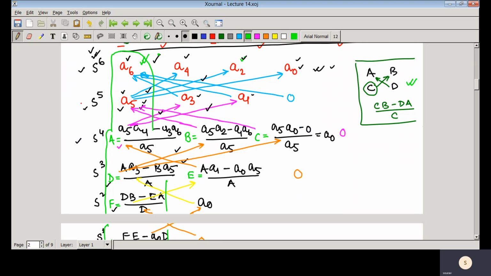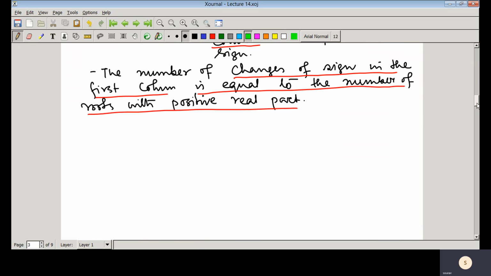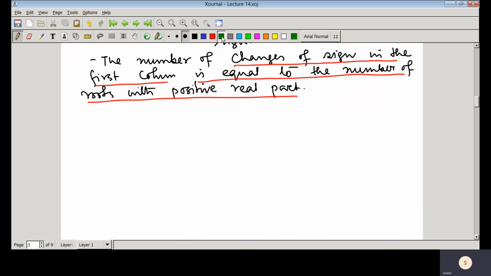If there is no change of sign, that means all roots are in the left half of the S plane. That means that polynomial is a stable polynomial. All poles of that particular system are in the left half of the S plane. So let us see one example.